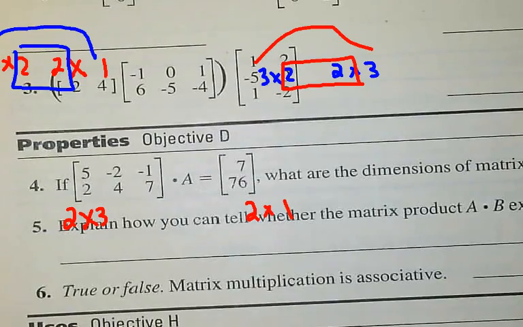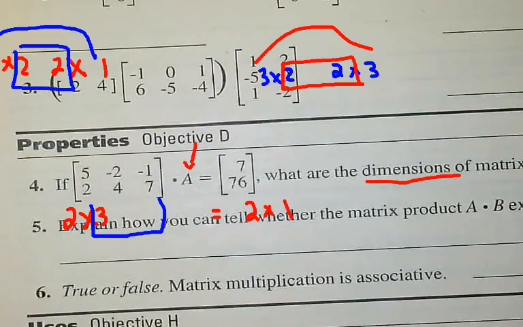So my question is, what's the dimension of this guy? How big is A? Well, you know that if it has to multiply times this, the inside parts have to be the same, right? So that means I automatically know that the inside part has to be 3, right? So this is going to be 3 right here.